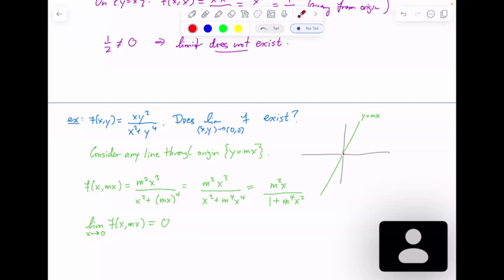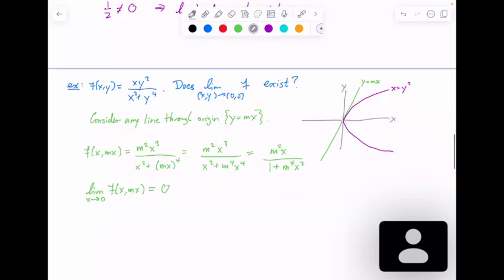But here's where the infinite paths deal comes in. Let's try and approach the origin in a slightly different way. Let's consider now a parabolic path. So this is the parabola x is equal to y squared.